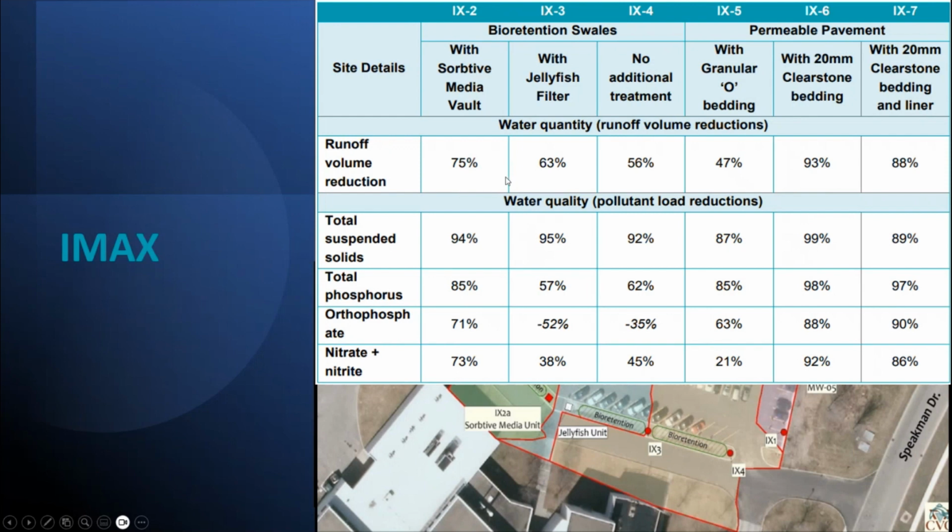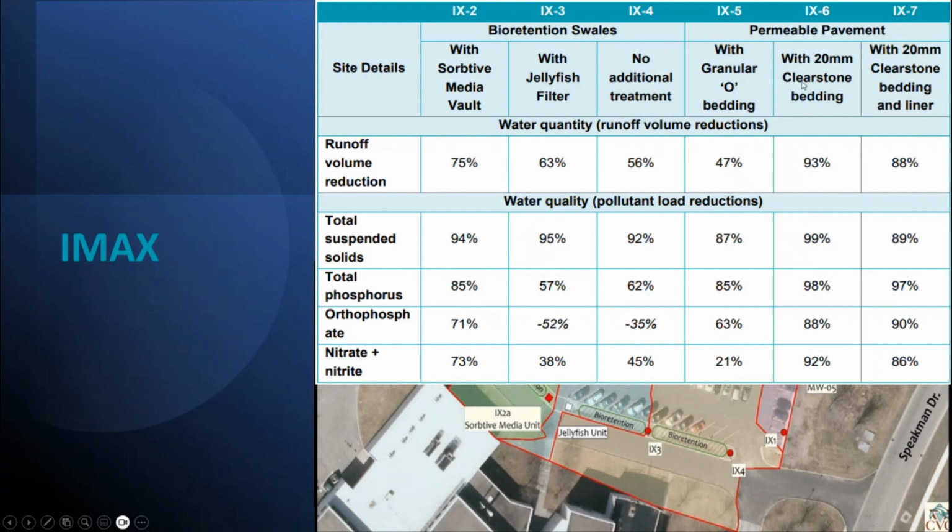Runoff reduction was 75% with a sorptive media and bioretention swale. That's one example of a treatment train. Another is a bioretention swale with a jellyfish filter, which had a 63% reduction, and bioretention swales by themselves reduced runoff on site by 56%.